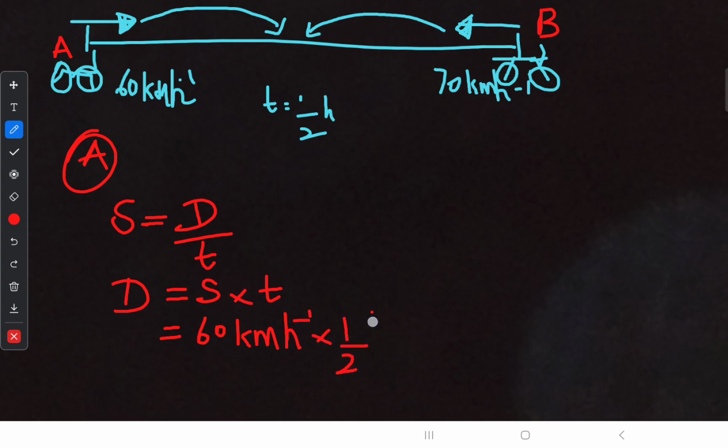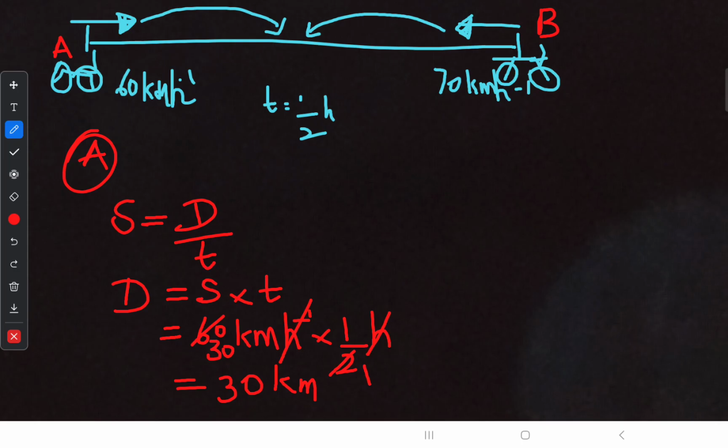The hour units can be simplified, and 60 and 2 can be simplified: 1 2 is 2, 30 2s are 60. So the distance he traveled is 30 kilometers.